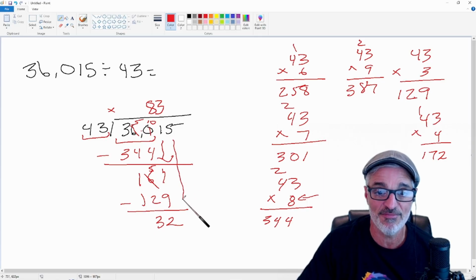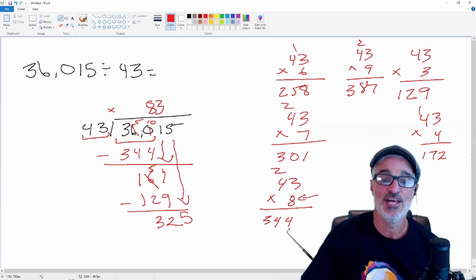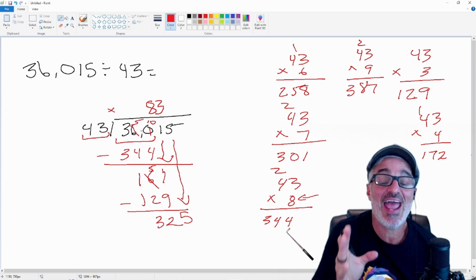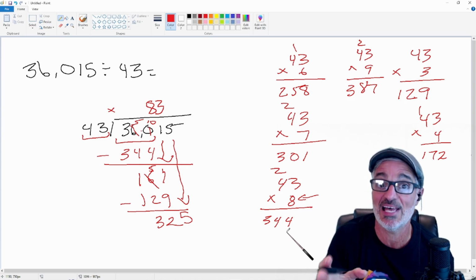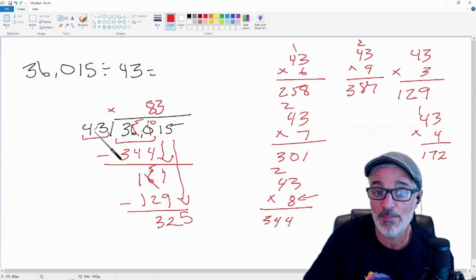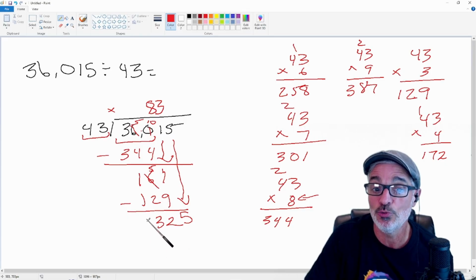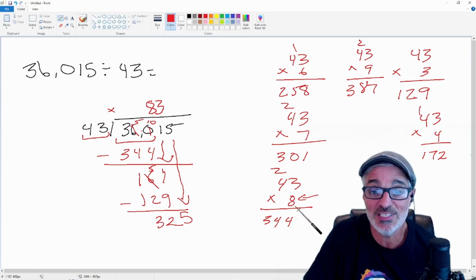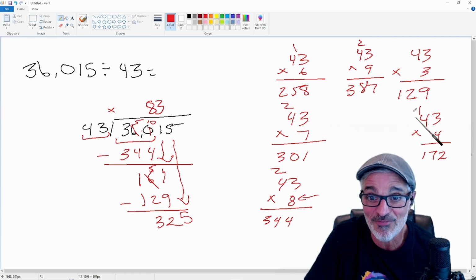And now I'm going to drop my very last number, which gives me 325. And now I ask myself the same question for the very last time. What number do I multiply by 43 to get me close to 325? And I don't have to do anything more because I have everything here. Let's see. Can we use 43 times 9?